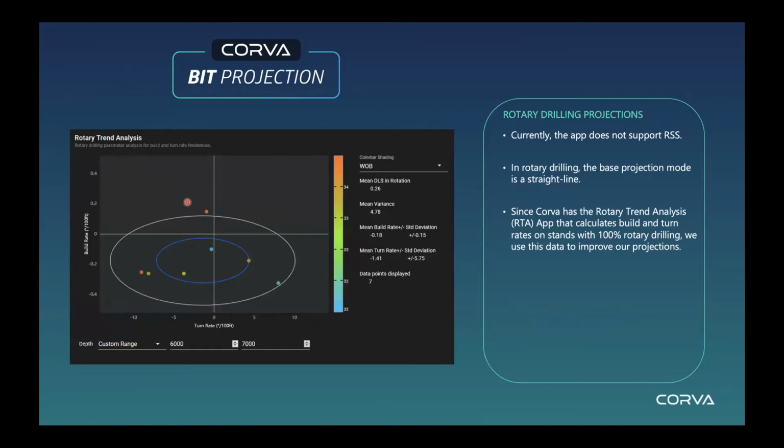This is the app that's actually running in the background on its own cloud thread, calculating build and turn rates. You can see each of these data points basically represents 100% rotary between two survey stations. And then it shows you the turn rate on the x-axis and the build rate on the y-axis.